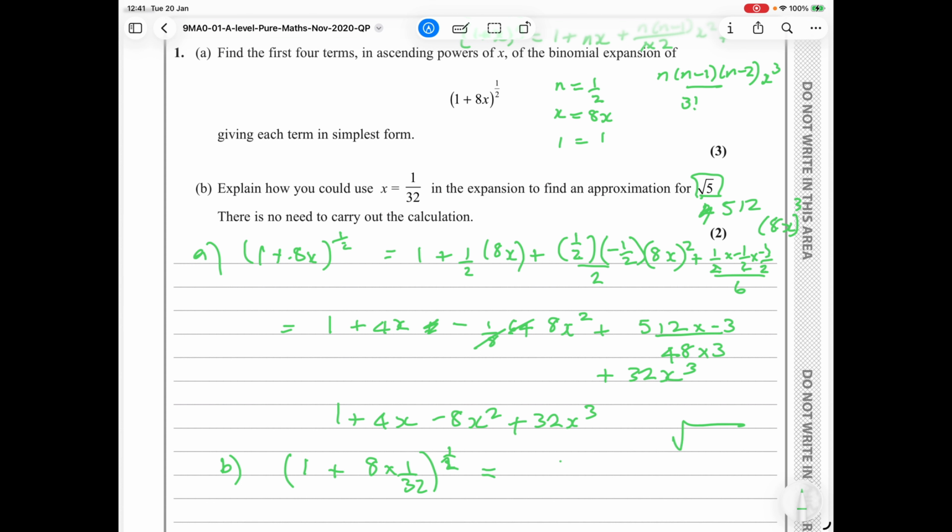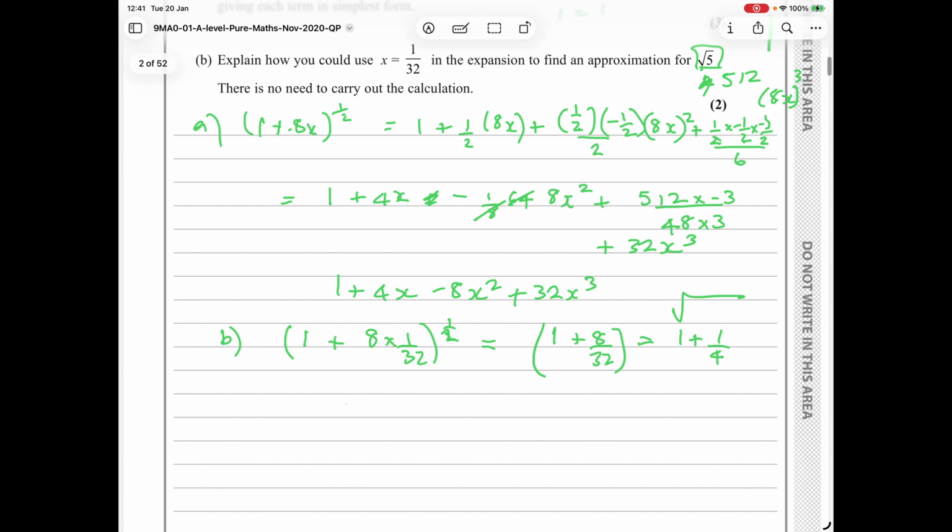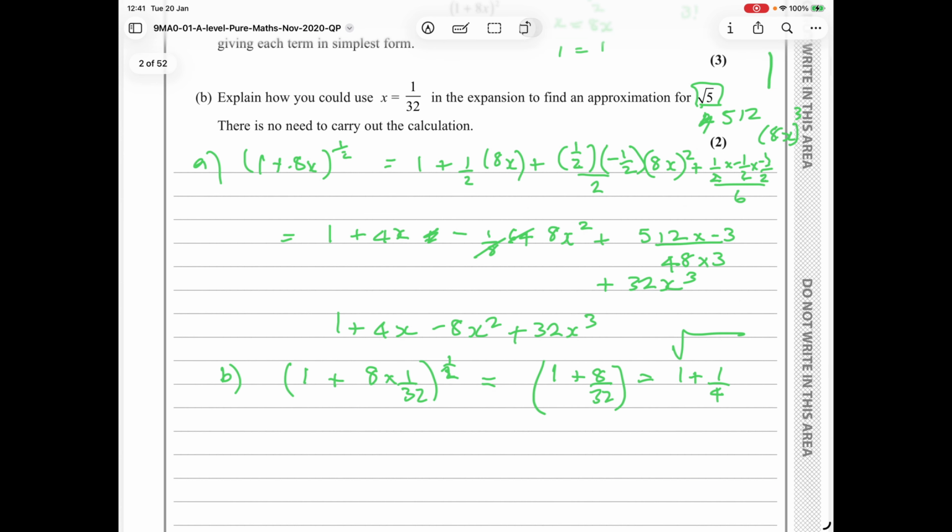It equals 1 plus 8 over 32, which equals 1 plus a quarter, which equals 5 over 4, to the half.